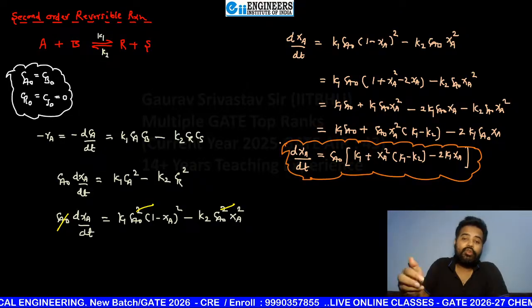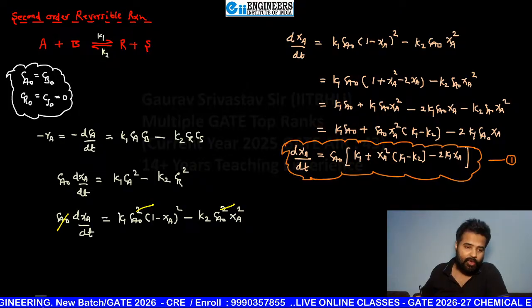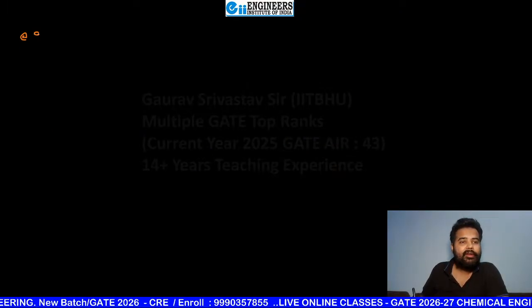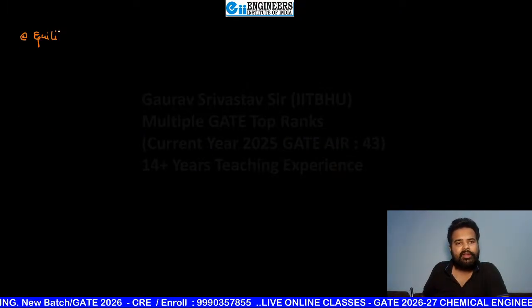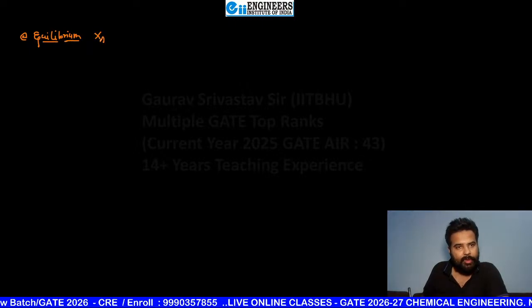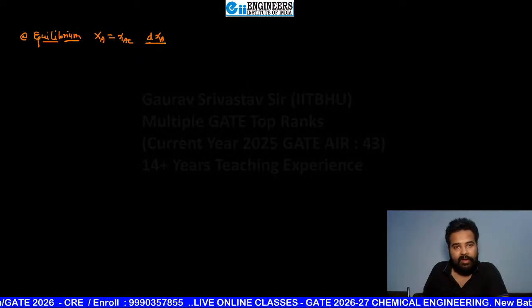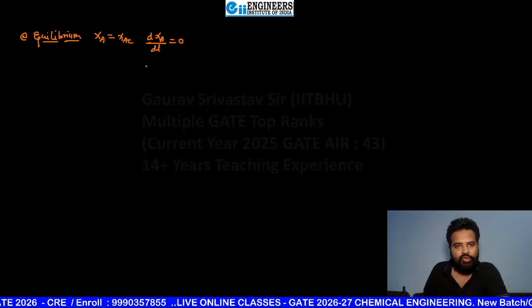Like here again, if you want to write at equilibrium, suppose this is your equation number 1. Okay, so suppose I am going to write at equilibrium, in a similar case at equilibrium. So at equilibrium, xa will be equal to xae and dxa by dt becomes equal to 0.